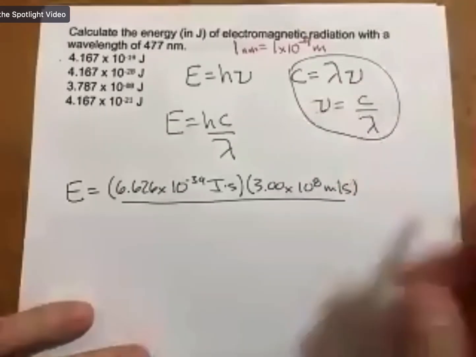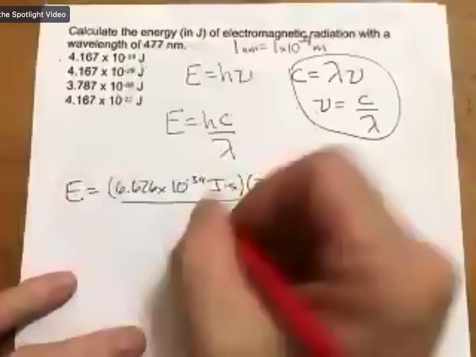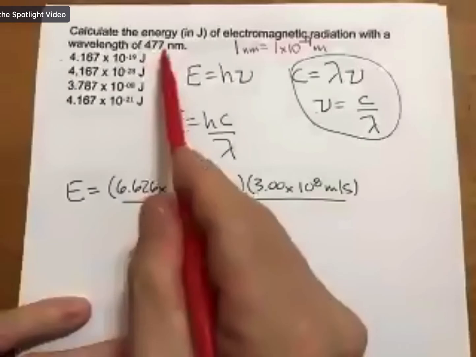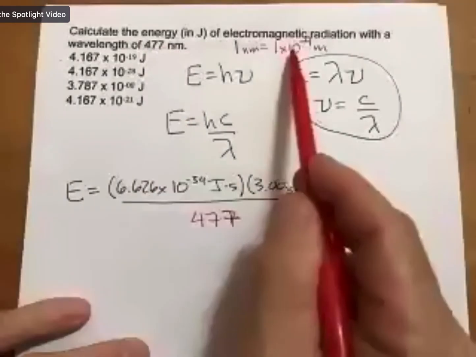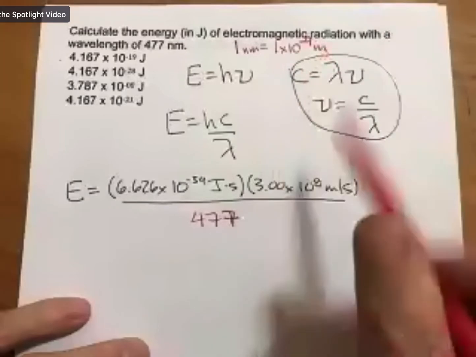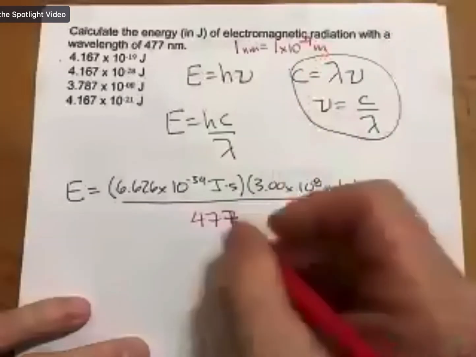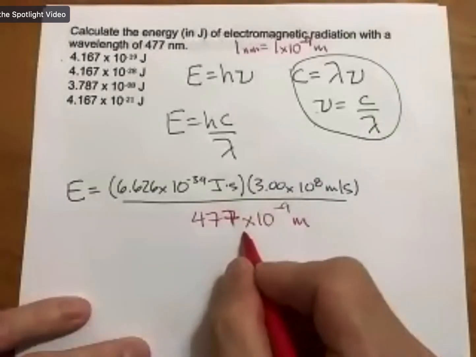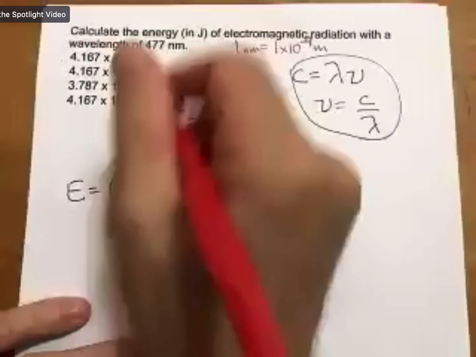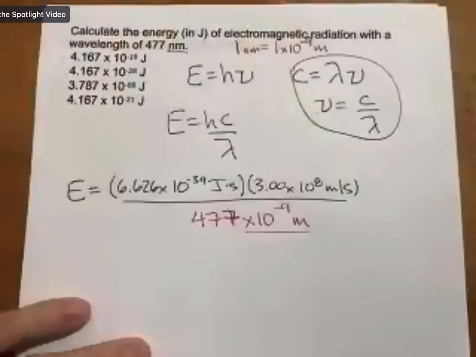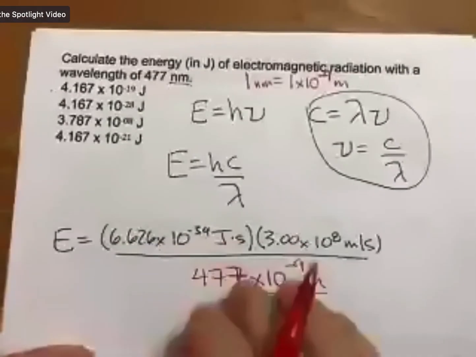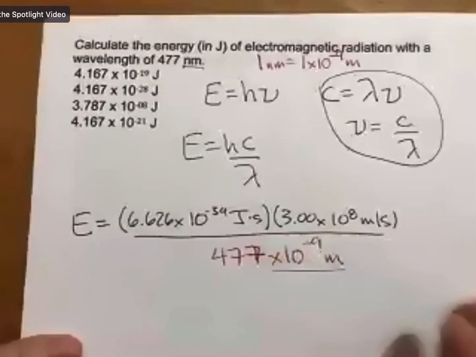And so what I'm going to do is write 477 down here, and instead of the nanometer part, I'm just going to write the times 10 to the minus 9 meters. It's like this part is the same as the nanometers. I apologize if this is a little out of focus.